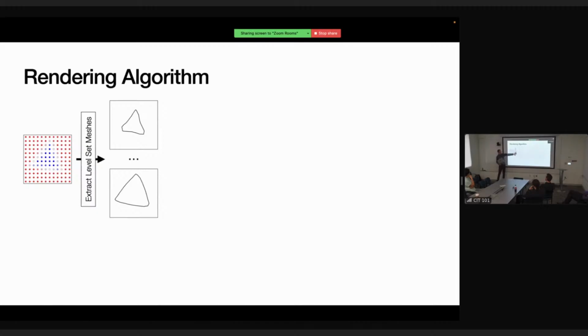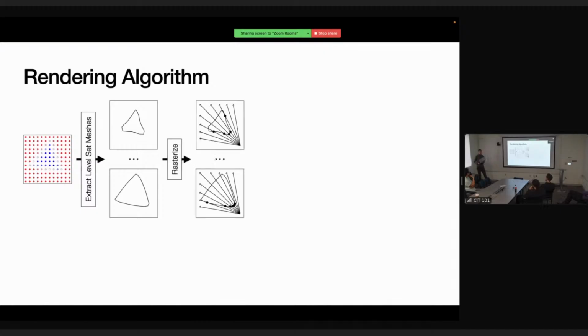In practice, the total number of level sets is like 4 or 5. Then we rasterize these. This gives you the intersection between each shell and the camera rays for every single camera ray. Note that this rasterization is done independently for each shell. So if we have 5 shells, that's equivalent to having 5 NeRF samples near the surface, and you do 5 separate rasterization passes.